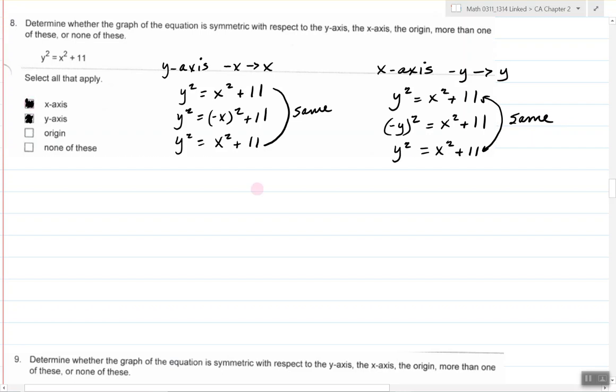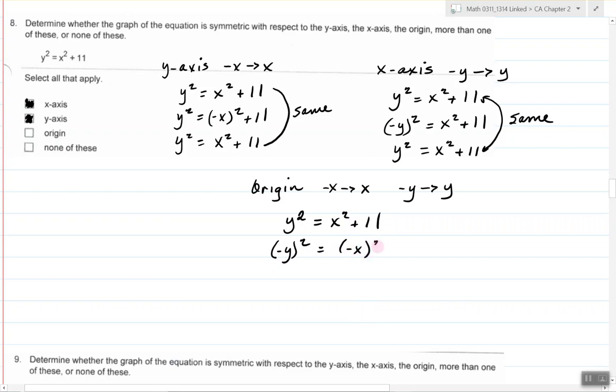Then finally, I'm supposed to test it for origin, and I'm going to put negative x for x, and negative y for y. So I have the original, y squared is equal to x squared plus 11, and negative y, quantity squared, is equal to negative x, quantity squared, plus 11.